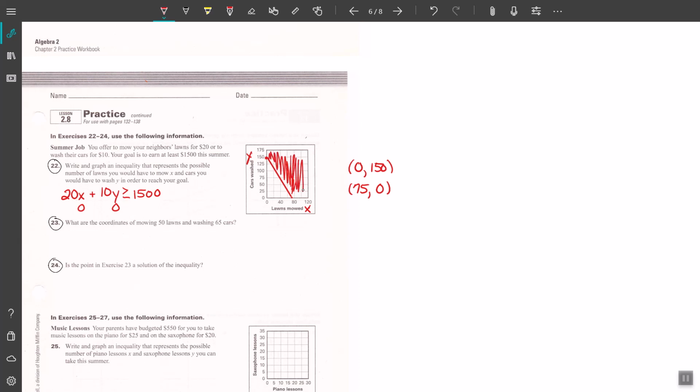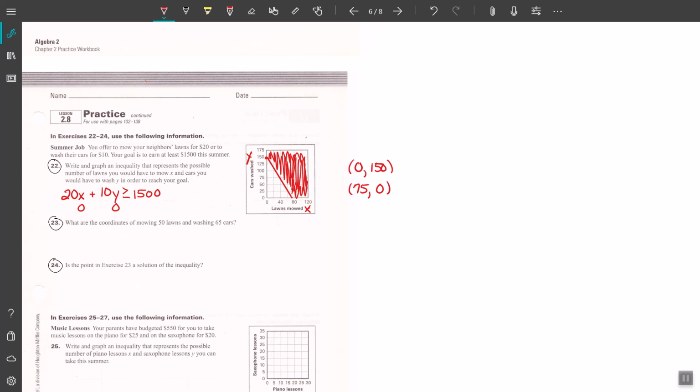So we want y's greater than that line. And so everything that falls either on that line or in that shaded portion is a solution to this inequality. That means that it is an answer to how many cars have to be washed and how many lawns have to be mowed in order for you to reach your goal.